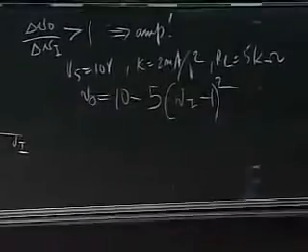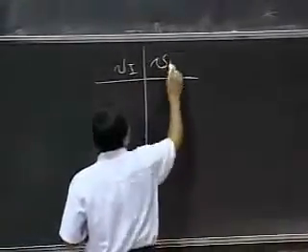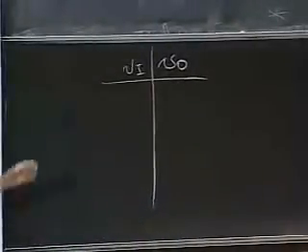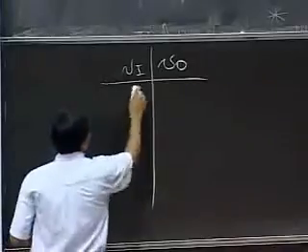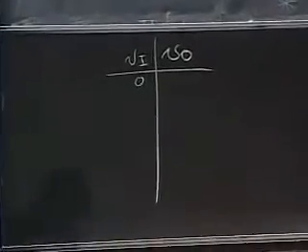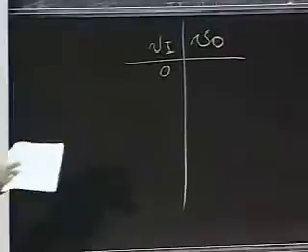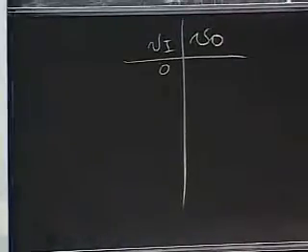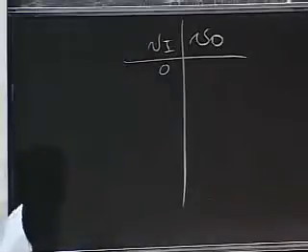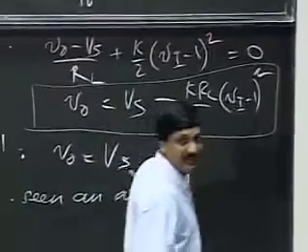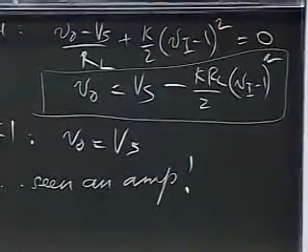So let me just do a little table for you and plot, using real numbers, those values. When Vi is 0, my current is 0, and that equation doesn't apply, by the way. It applies when Vi is greater than 1. As long as Vi is less than 1, my output is simply Vs, my output is simply 10 volts.